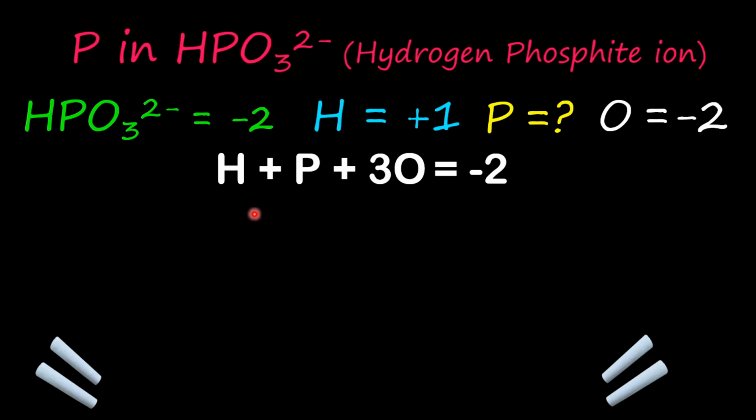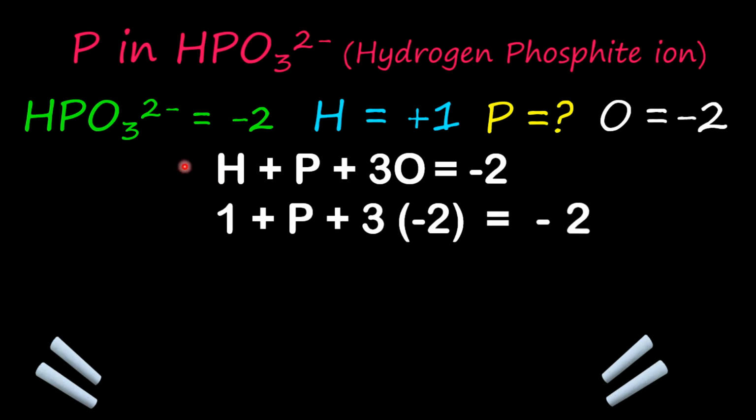Now let's put this all together. We will have hydrogen plus phosphorus plus 3 oxygen equal to -2. Now let's put our charges in. So hydrogen is +1. We want to find phosphorus, and then we're going to say 3 times -2 for oxygen, and all of this is equal to -2.